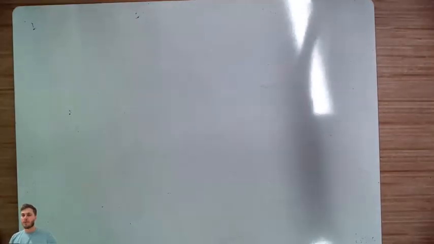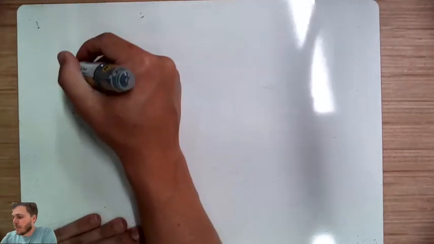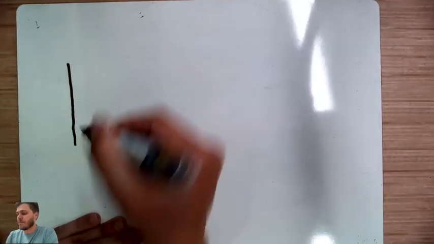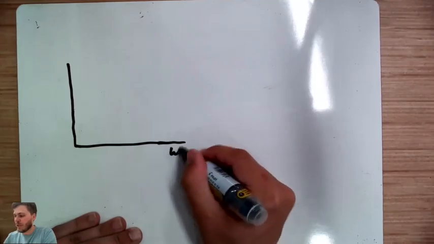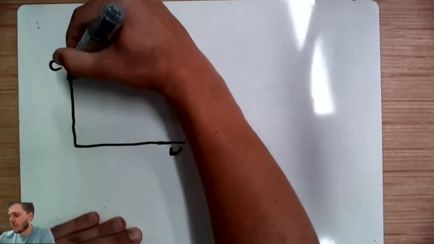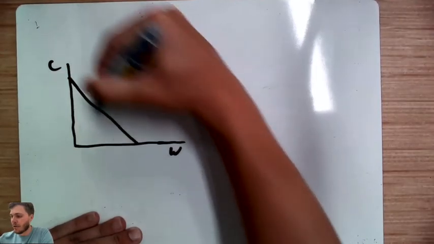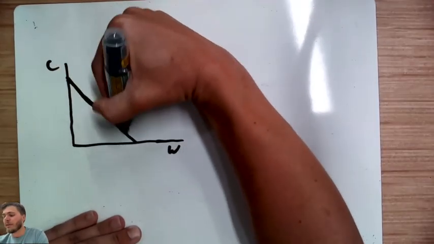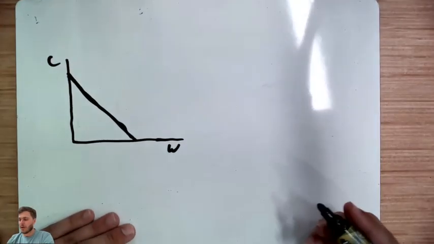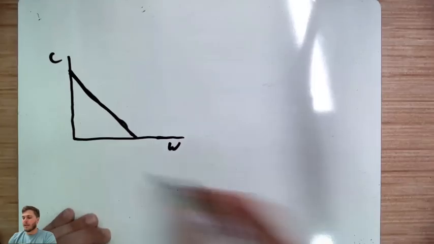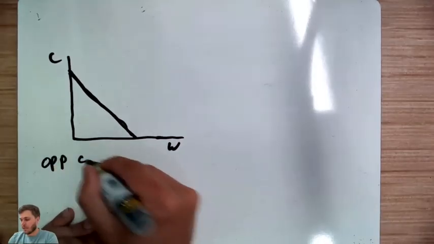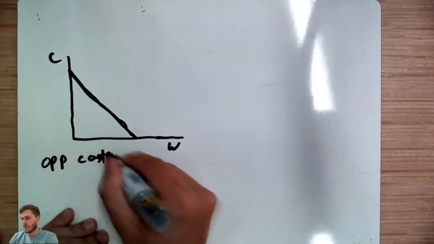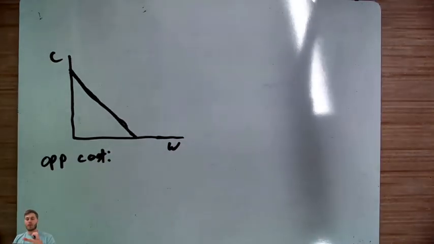So that first graph, I made it in the following way. Let's just go with, again, wheat and computers. It was a straight line, if you recall what I said here. So the opportunity cost for this, whether you're making wheat or computers, was always the same.